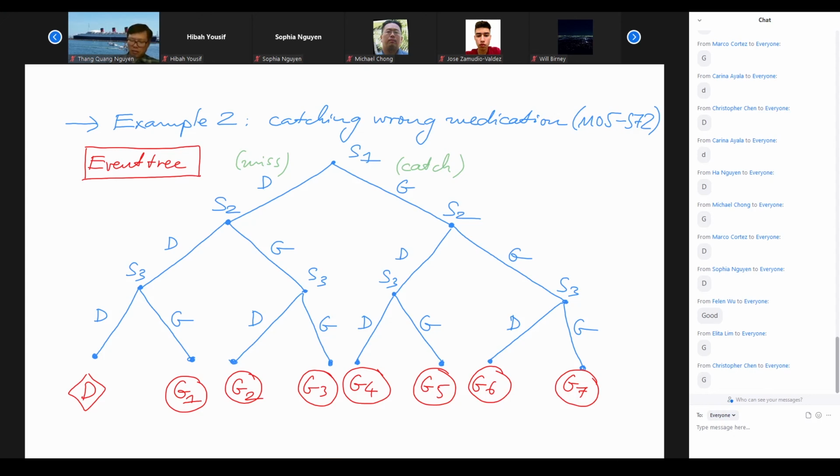So it means that we would write 0.7 right here for catching, and for missing, we're gonna have 0.3 right here, right? At the second stage, we catch the mistakes 80% of the time. So we're gonna have 0.8 right here, 0.2 right here, 0.8 here, 0.2 here, right?